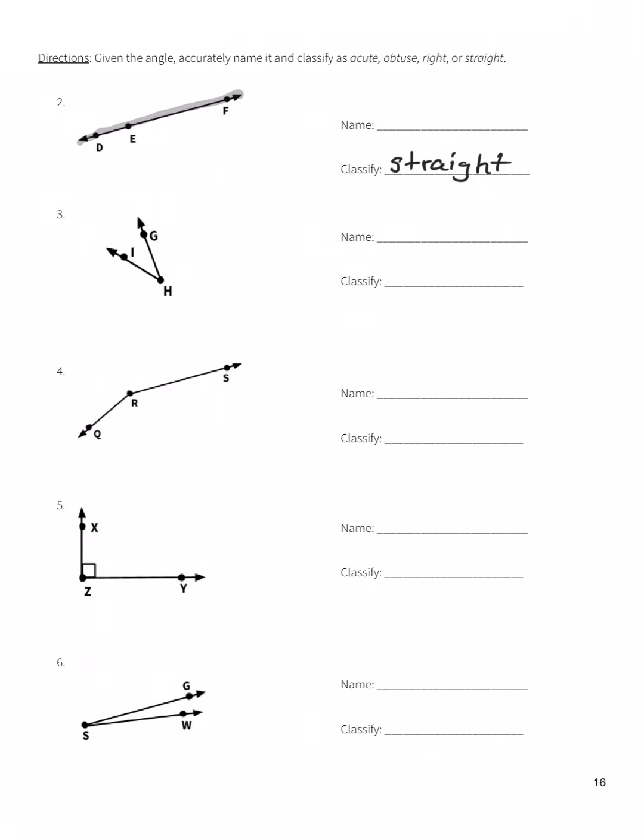Remember, we have to keep our common endpoint in the middle. So this is simply angle DEF. Okay, if you're feeling confident and want to pause the video and try a couple on your own, go for it. If you want to follow along with me, go for it.